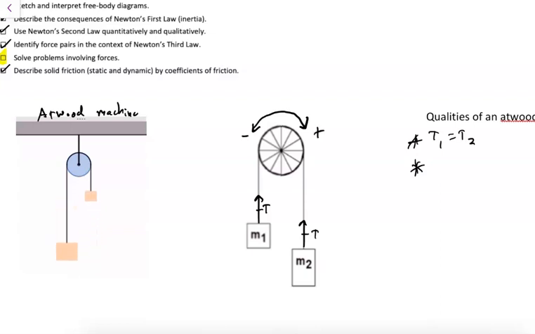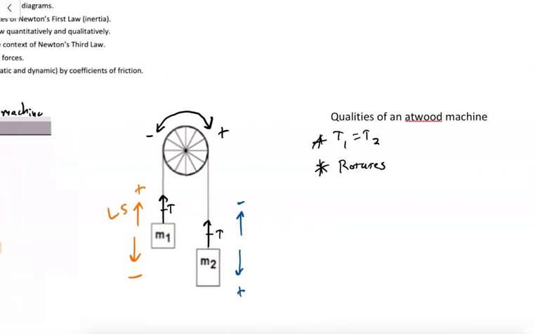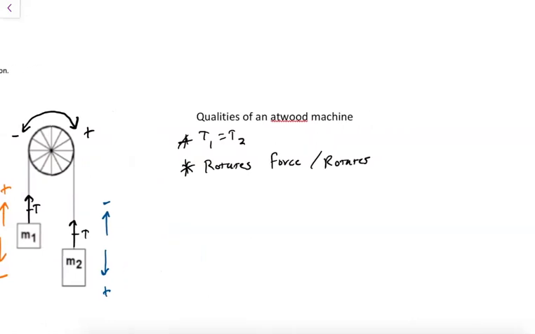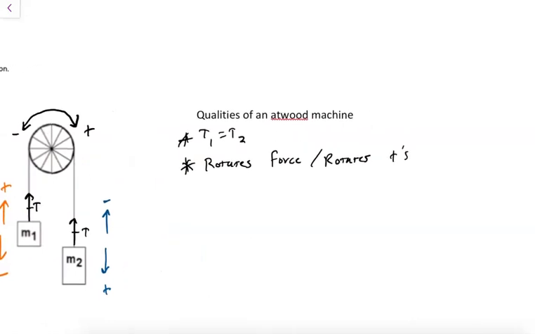That means on the left side, down is negative and up is positive, but on the right side, down is positive and up is negative. So we know this rotates the force, and therefore rotates positives and negatives.